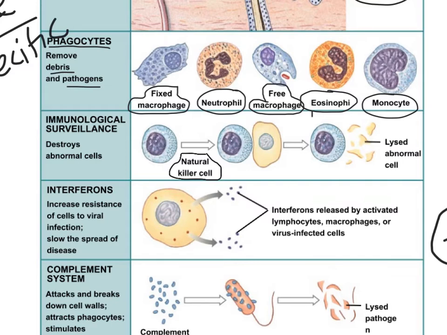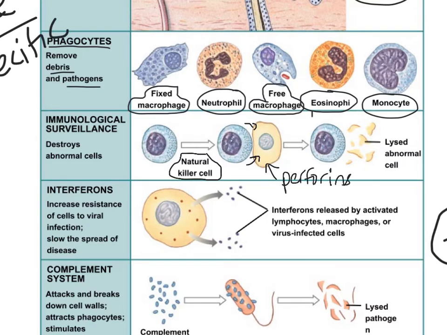And when the natural killer cell comes in contact with a cell that it thinks is foreign or dangerous, we'll talk about antigens, but if it has antigens on it that it detects that are not of its own body, then they will shoot little chemicals out at that abnormal cell, and those little chemicals are called perforins.